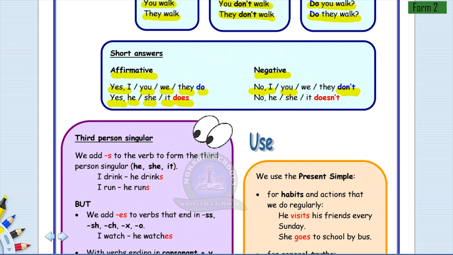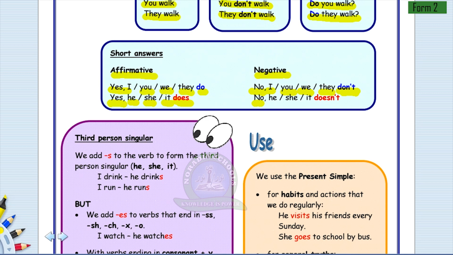We are starting from here, and we are using all these pronouns. No, we don't. No, they don't. And when it comes to he, she, it, we are using doesn't. For example, no, it doesn't.